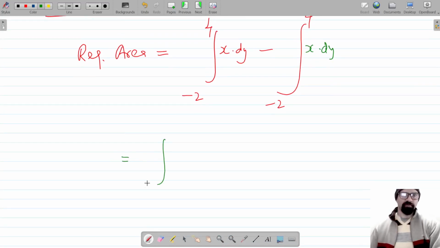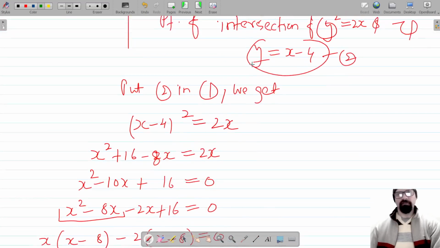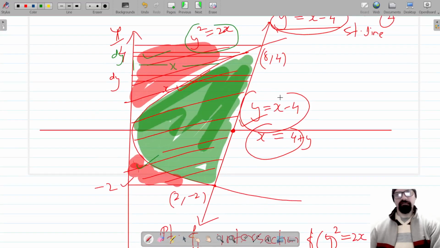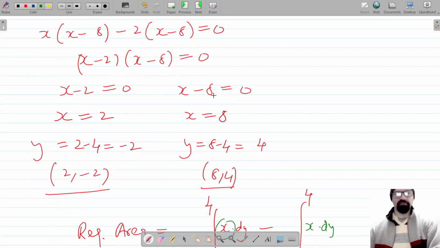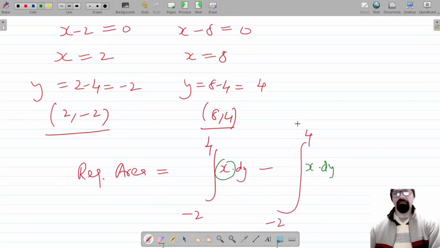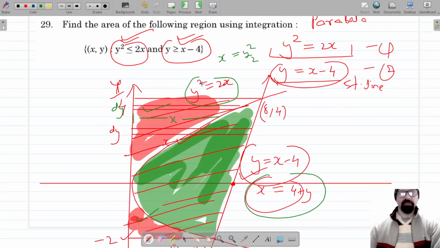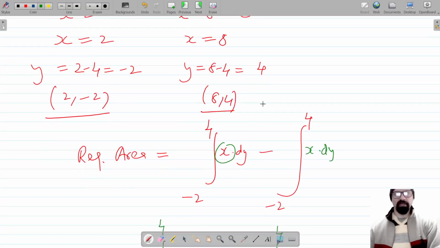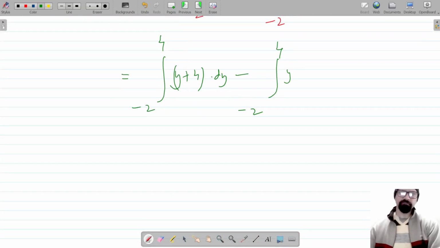For the first one, it's negative 2 to 4, and the value of x from this equation is 4 plus y, or y plus 4. So this is the integral of (y plus 4) dy minus the integral from negative 2 to 4, where the value of x from the equation of the parabola is y squared by 2, of y squared by 2 into dy.